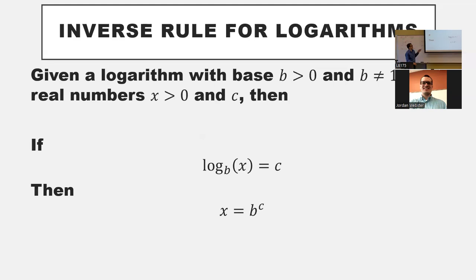When we're talking about rewriting in exponential form, we're remembering that log base b of x is equal to c means b raised to the power c is equal to x. Okay, that's the rewrite version. We've seen this before. It's the same idea as our rules before.